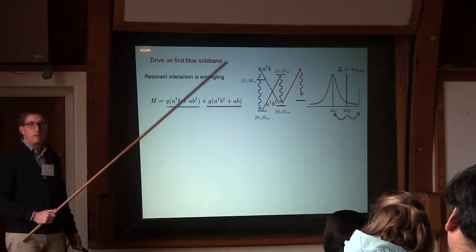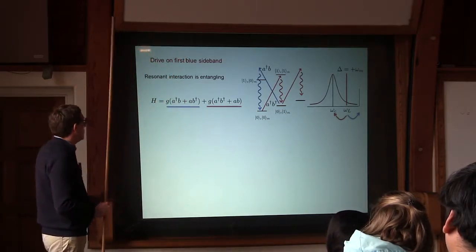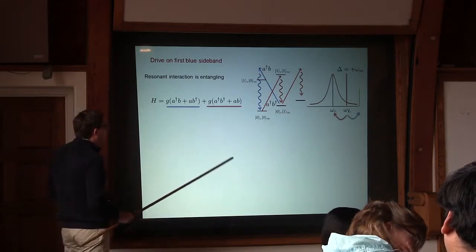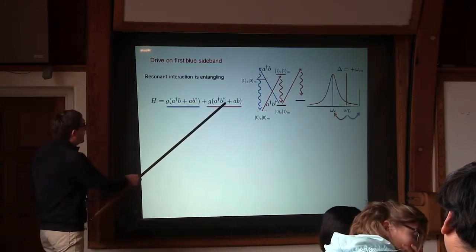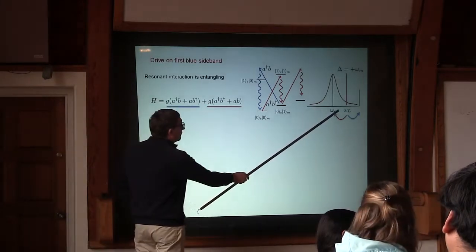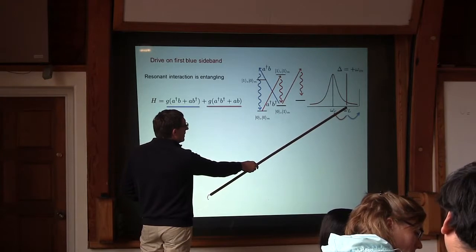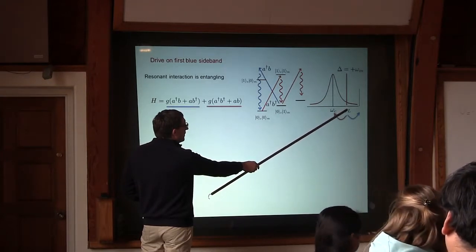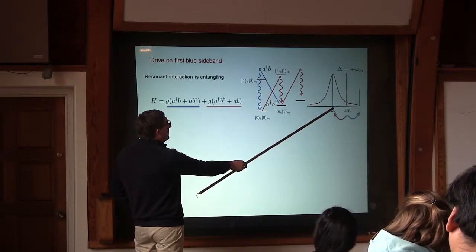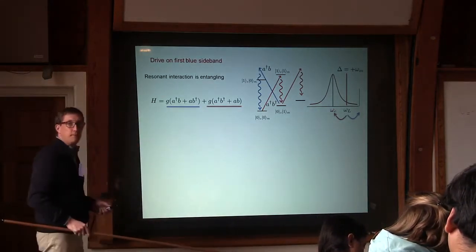So that's just another picture of this anti-damping which the mechanical oscillator experiences if you drive the cavity on the blue side band, where actually these Stokes processes are enhanced. Now we have come in with a laser frequency above the cavity resonance, and we enhance now the processes where we generate a lower sideband photon and at the same time create a phonon by taking energy from the laser.